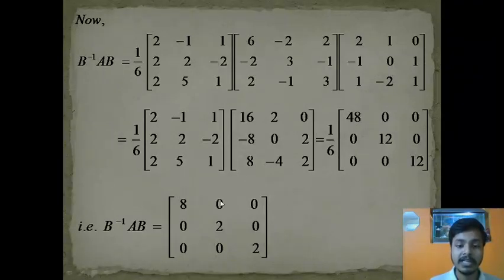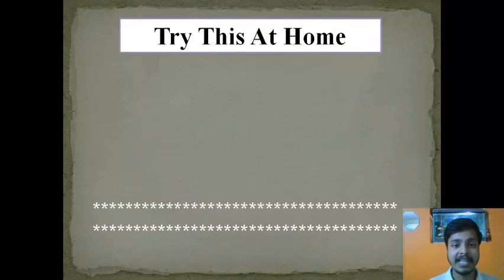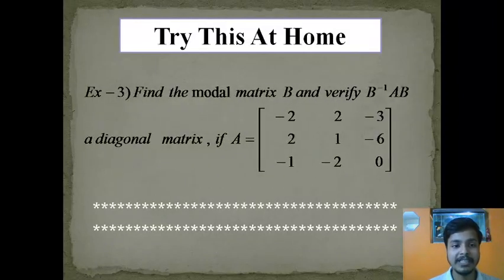The problem was about reducing the given matrix A into a diagonal form. So this is the diagonal form for the given matrix. As you all know, we are having a learning by doing activity. So we will have a try-this-at-home problem. Here we have a problem for you to work out.